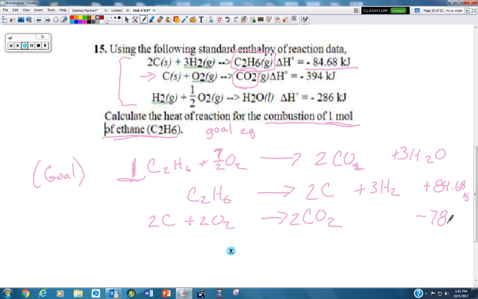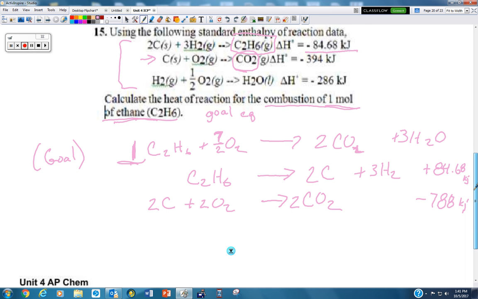The real name for the flippy thing is Hess's Law, but flippy thing is just a little bit easier to remember.